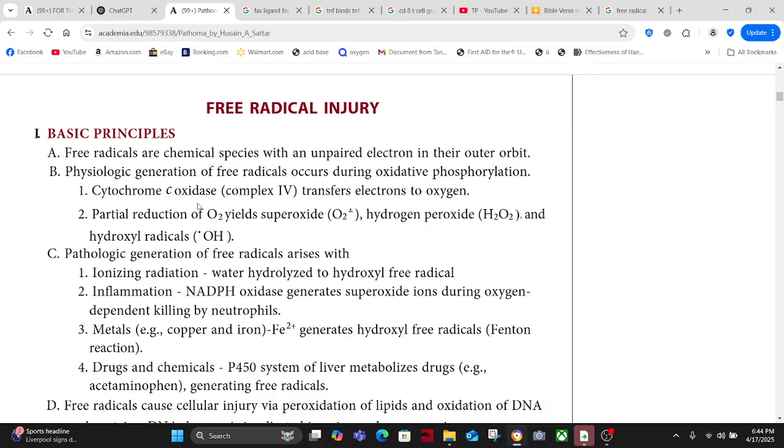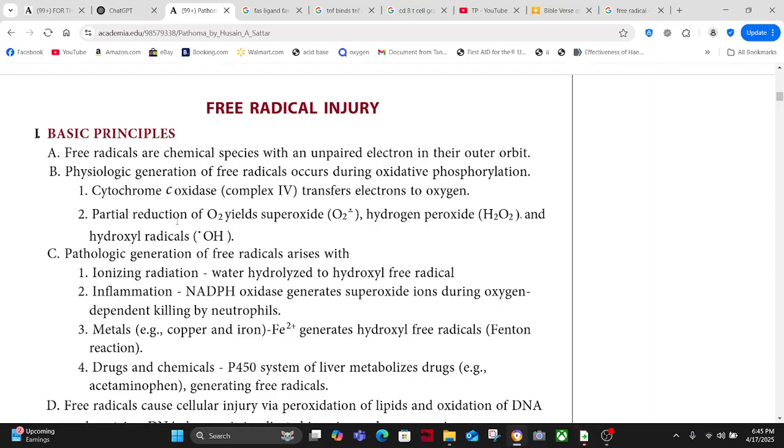Cytochrome C oxidase, also known as complex 4, is in the inner mitochondrial membrane, and it transfers electrons to oxygen.